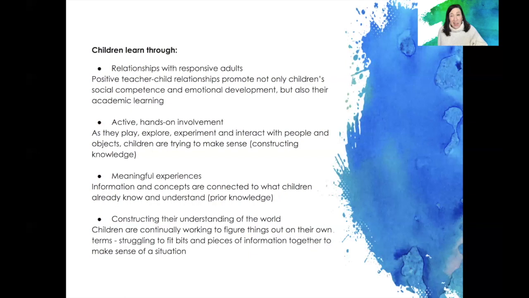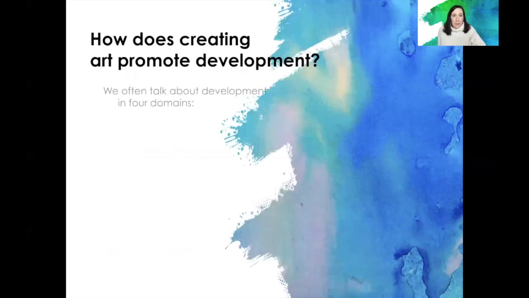So they try it and it doesn't work. And they refigure their understanding of how things work. Or they might put blue paint on top of green paint, thinking that the two will just layer on top of each other. But when they actually try it, they see that they blend together. So they're trying to figure out how everything works all the time. And that's constructing their understanding of the world.